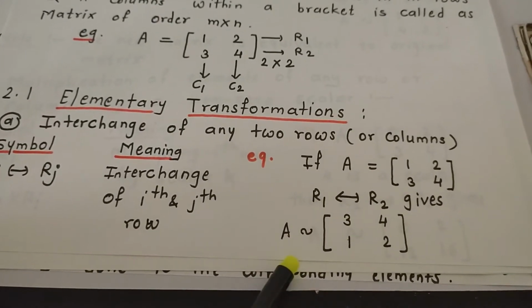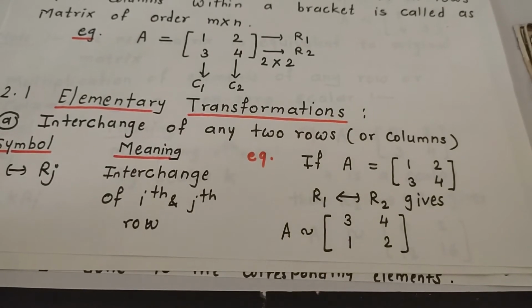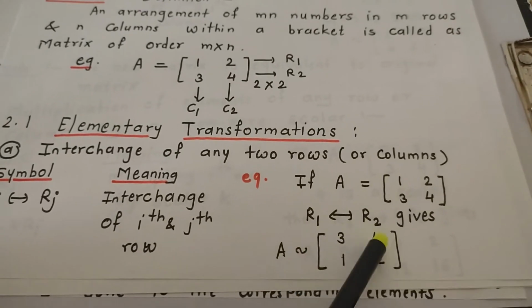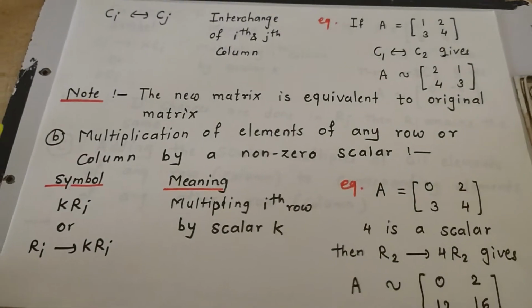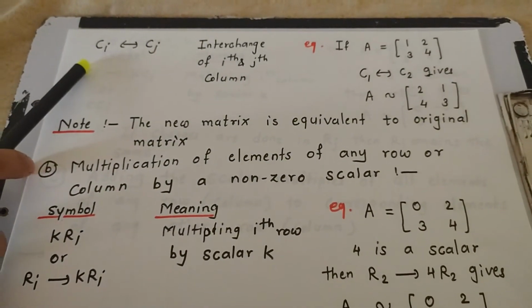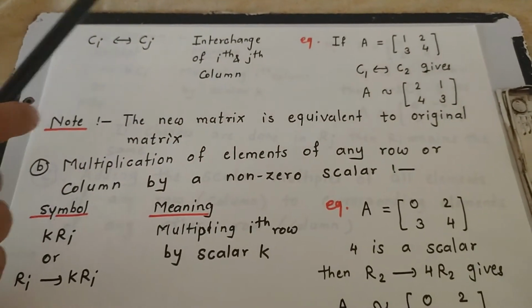It gives a new matrix by interchanging the first row and second row. We get a new matrix with the elements 3, 4 and 1, 2. Similarly, we can apply this transformation on columns. Suppose we have to interchange the ith column and jth column.